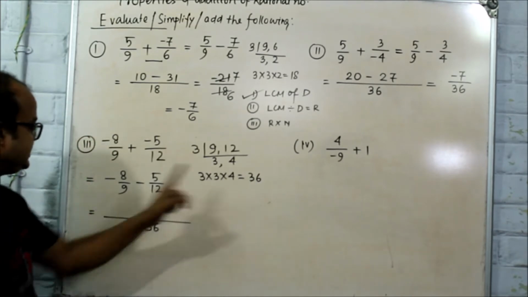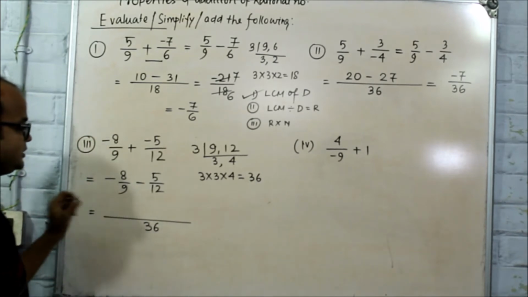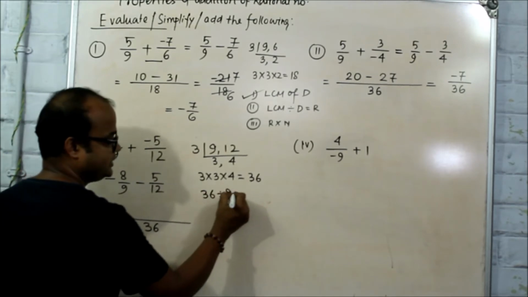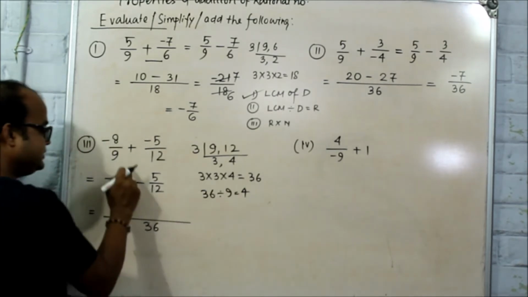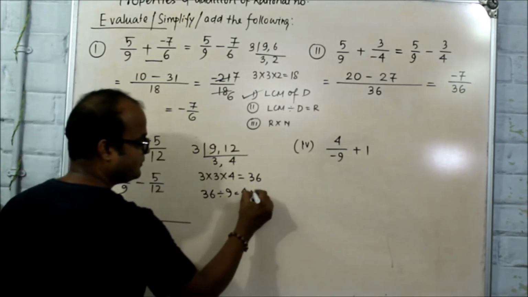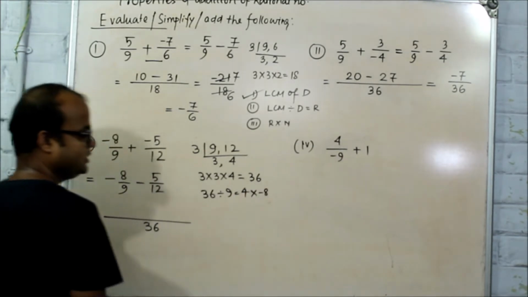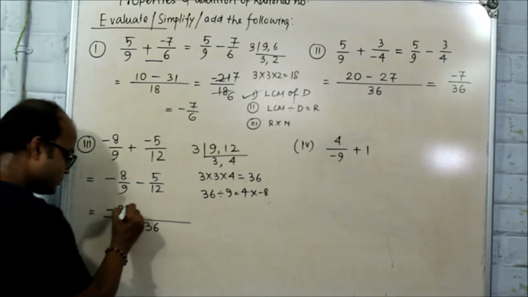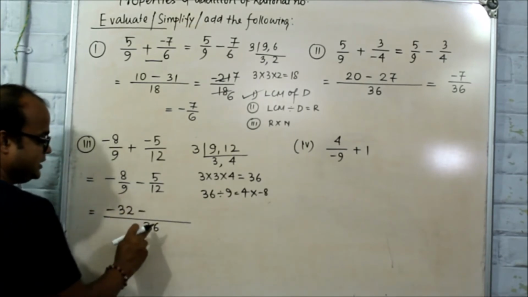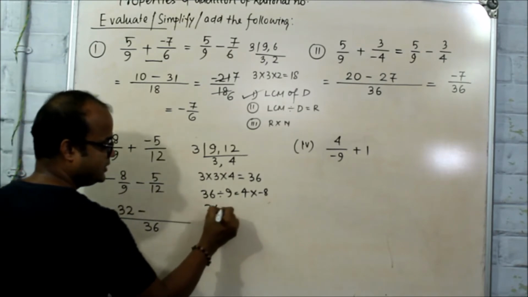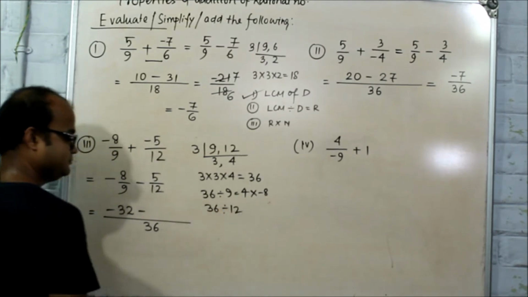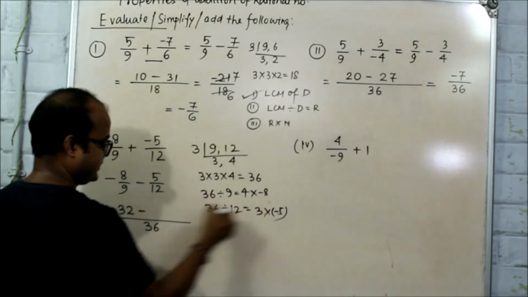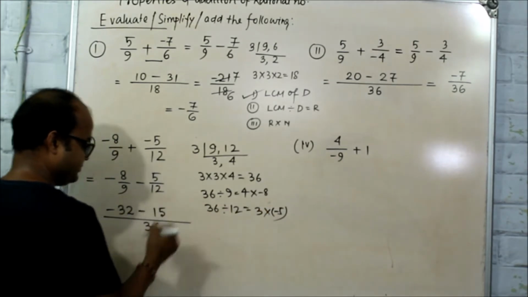Now 36 divided by the denominator. 36 divided by 9, that is equal to 4, and then you need to multiply with numerator minus 8. So 4 8 are minus 32, minus 36 divided by 12, it is equal to 3 multiplied by minus 5, that is equal to minus 15.